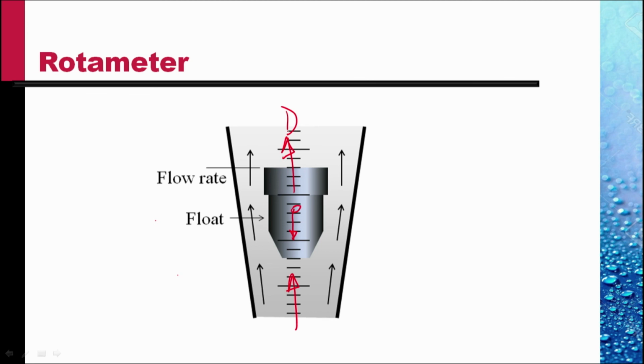For a given flow, the float adjusts its location such that it experiences drag equal to its own weight. We read the location of the float on the graduations on the transparent tube which carries the flow and is directly calibrated into volume flow rate. This is very commonly used in the process industry.